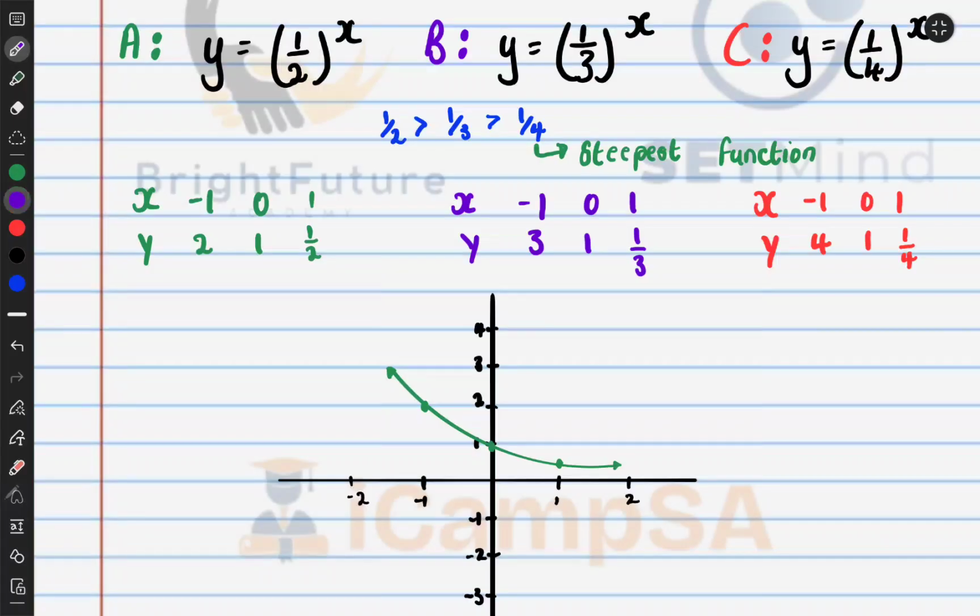Next, let's sketch function number b, where x is equal to -1, y is 3, where x is 0, y is 1, and where x is 1, y is 1 over 3, below this one.